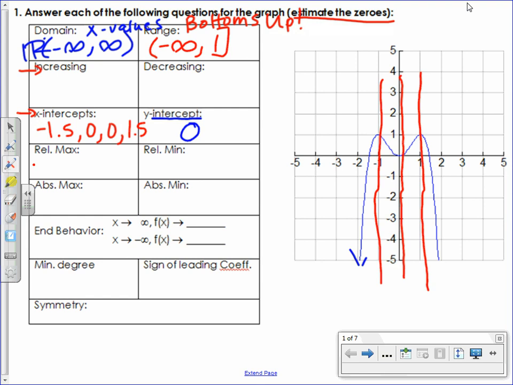So, notice my graph is my blue line. So, if I had a little guy walking on that ground, he's going to be increasing. He's going to be going uphill in this whole section from negative infinity until I get to this line. Well, what does this line go through?